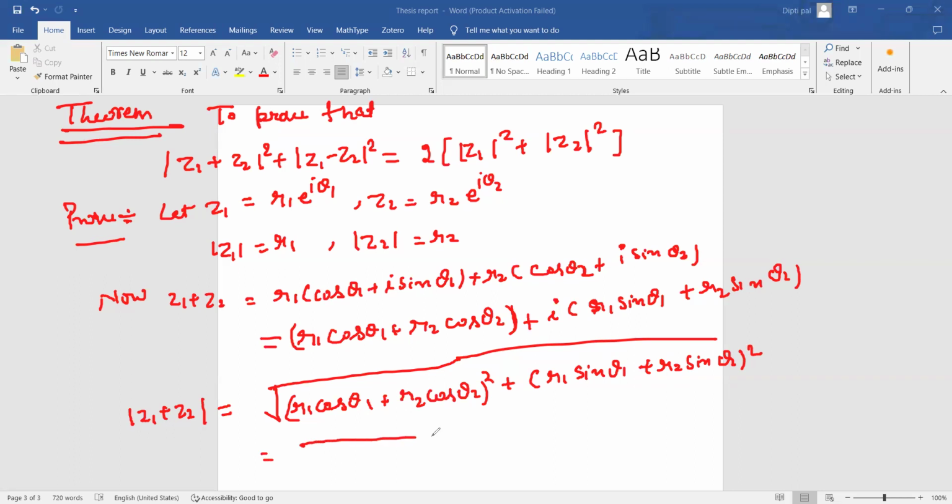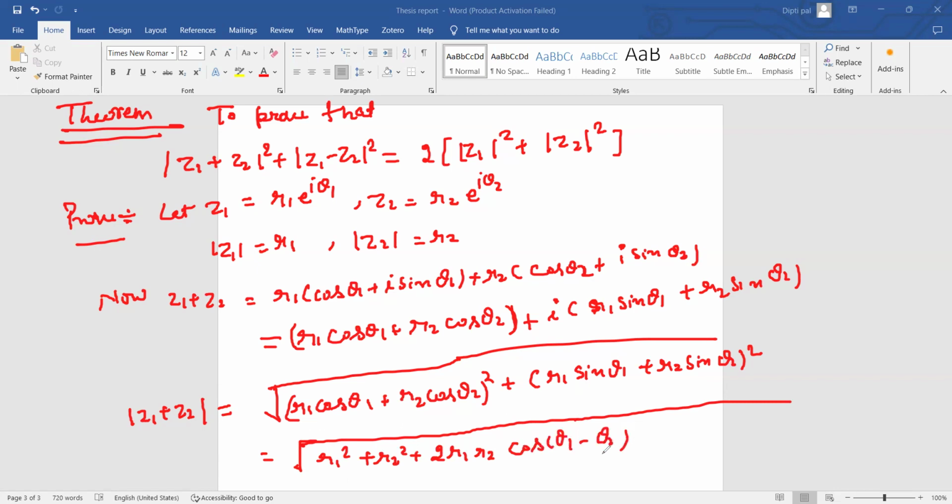So this becomes R1 square plus R2 square plus 2 R1 R2 cos theta 1 minus theta 2.